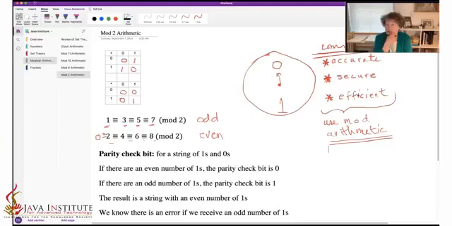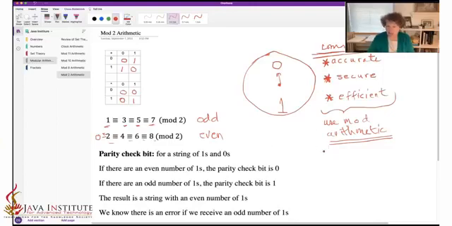Error correcting codes, people want better codes. Efficiency, you want to be able to download a movie very quickly. You don't want to have to wait overnight. But security is a huge problem. And as computers get better and better, security becomes more and more of an issue.